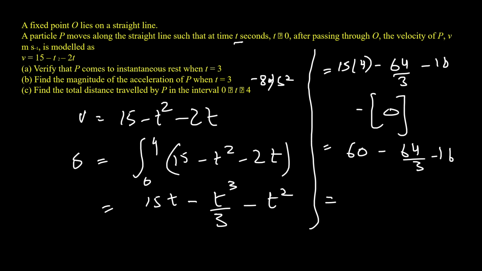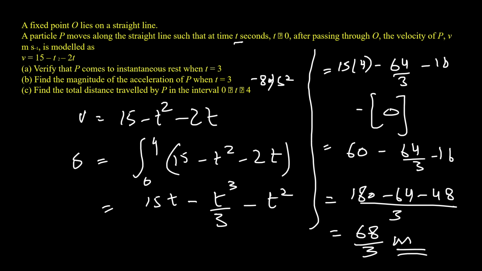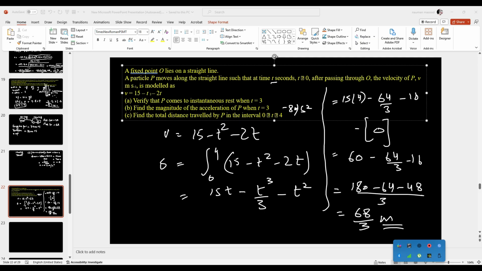The total distance is 68 divided by 3 meters. The total distance traveled is 68 divided by 3 meters. That's it. So this is the final question.